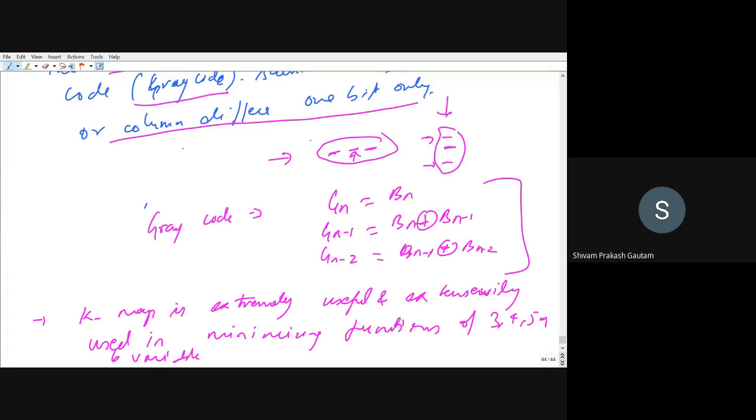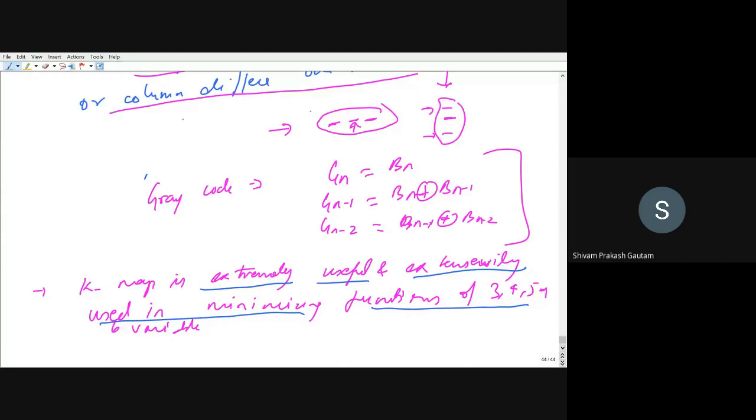So why are we using K-map? Because K-map is extremely useful and extensively used in minimizing functions of 3 variable, 4 variable, 5 variable. You can also do this reduction by using Boolean algebra that we have already seen, but that is quite a lengthy process and it will require some amount of effort. But using K-map, you can solve in either 1 or 2 steps. We will see this in our coming classes.